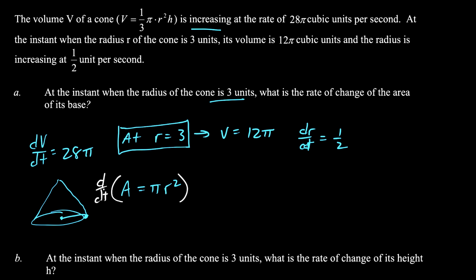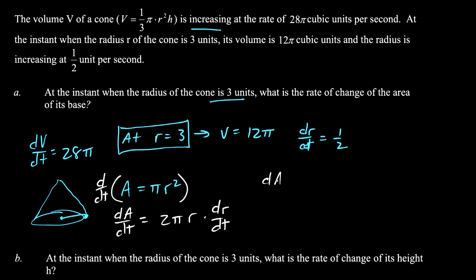And if we d/dt, we're basically using implicit differentiation or the chain rule. The letters don't match, so the derivative of A with respect to t is simply dA/dt. And when we d/dt pi r squared, we just look at the radius and use the power rule, and we have 2 pi r, but again, r is a function of t, so we're going to have to multiply by dr/dt. Once we have this, we can enter our information for when the radius is equal to 3.